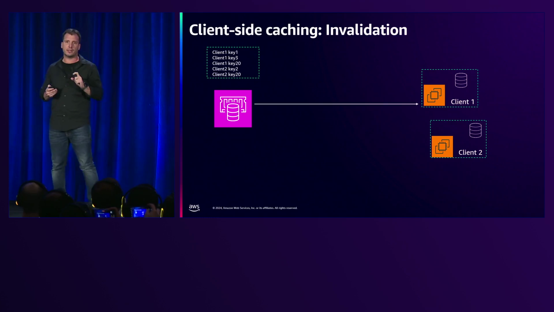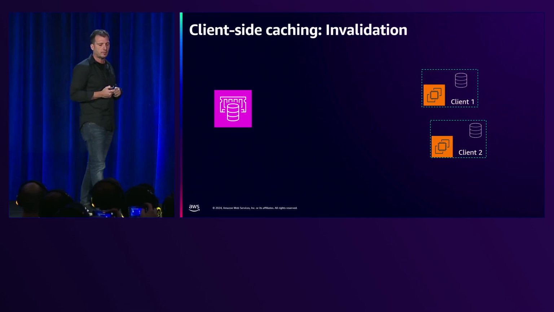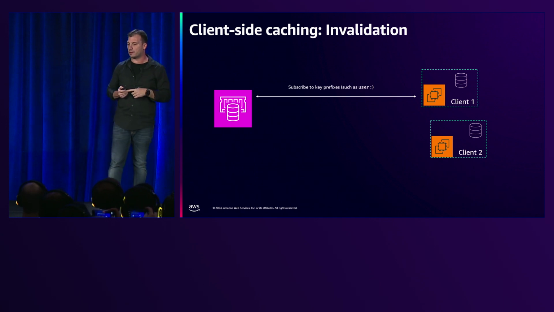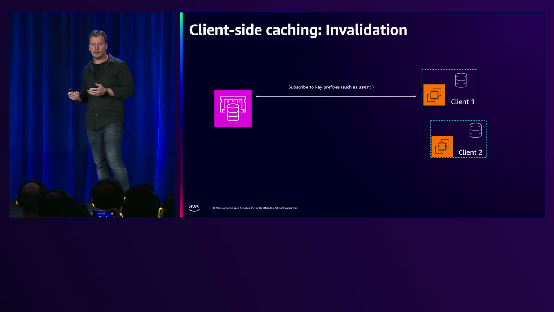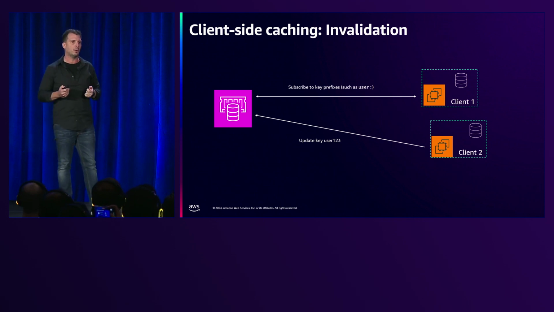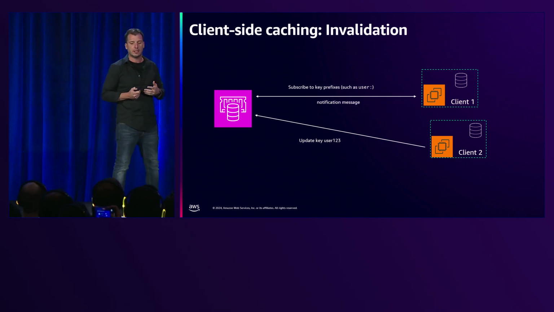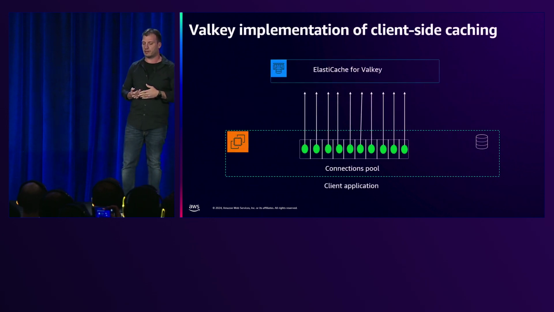But the problem here is that we are consuming memory on the server side. The second approach is broadcast mode. Now the client is subscribed to a prefix, and once a key that matches the prefix is updated, we will get a notification message.